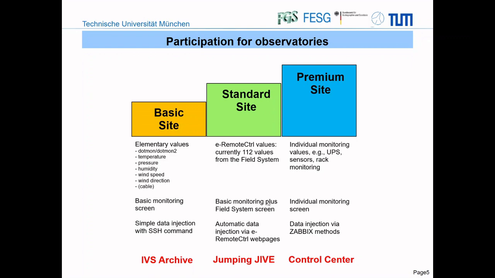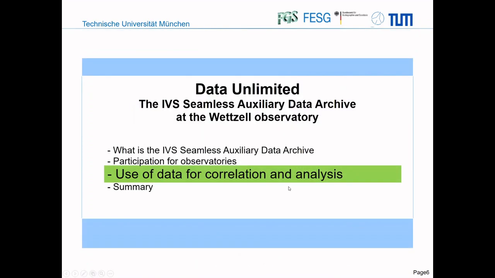If the data are then in the system, then you can get the data, and this is how to use the data as an analyst or for the correlation. And therefore you can get a Python script where you can get the data seamlessly and continuously, and where you can directly access special time intervals and things like that.